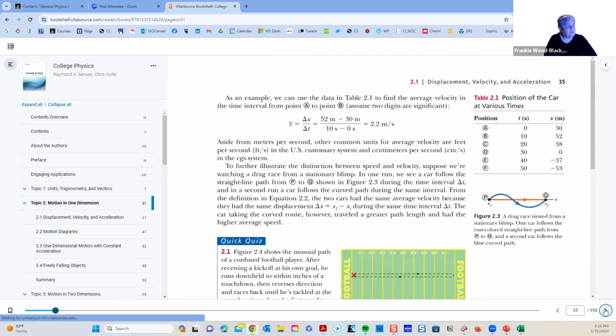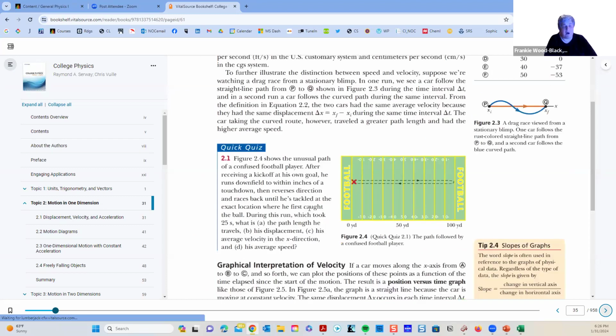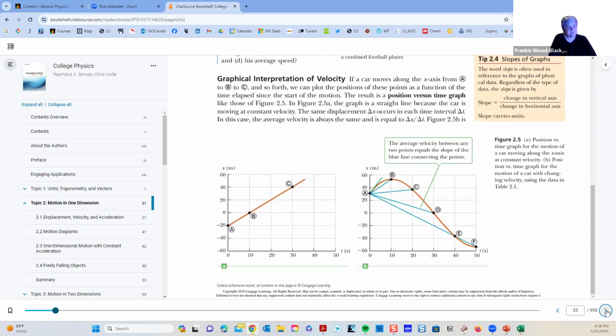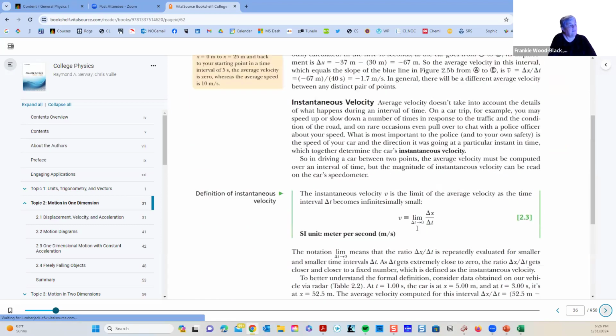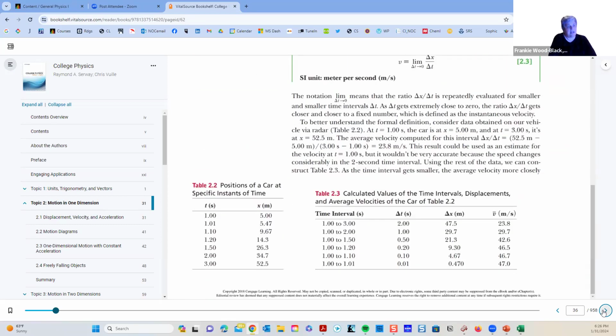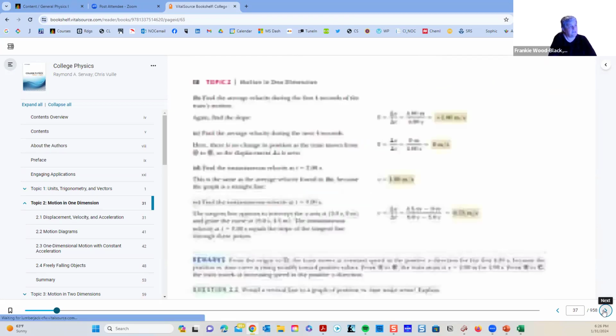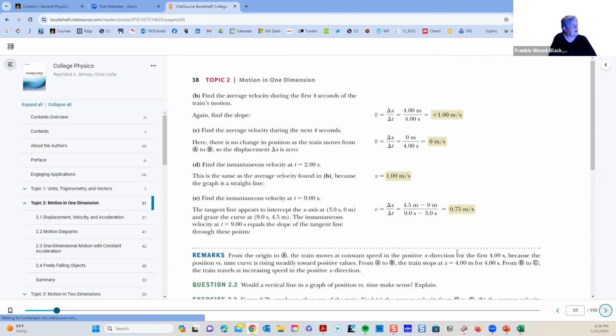So you can actually utilize the example to really work through that, and then they give you some things to think about in the problem. Here's our football one that was very much like the swimmer one we talked about a little earlier. Here's talking about the slopes of the graph, again one of those key points I made in our discussion. Then we go through all our instantaneous stuff.